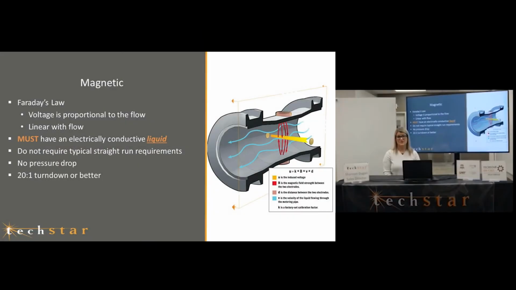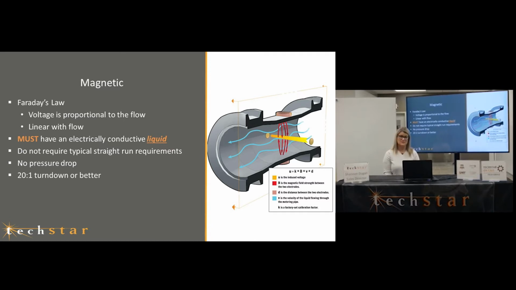Magnetic flow meters use Faraday's law in order to determine the flow of a liquid in a pipe. So Faraday's law says that the voltage is proportional to the flow. And it's also linear, which makes this a really nice way of measuring flow. So a magnetic field is placed on a section of pipe, which is the flow meter.